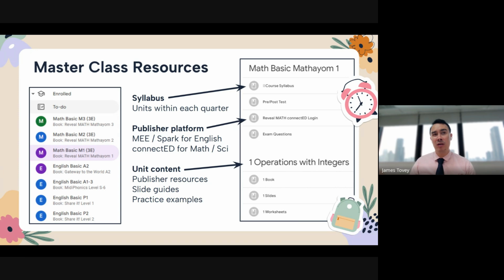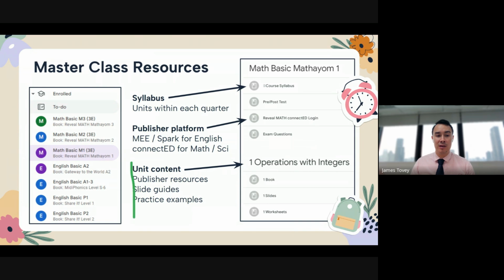If you're doing a more obscure or additional style subject, you may not have a platform to use, but that's okay. The academic team still pulled out all the resources you need into the masterclass, which is the next part down here. Unit 1 here would be operations with integers for this particular M1 class.